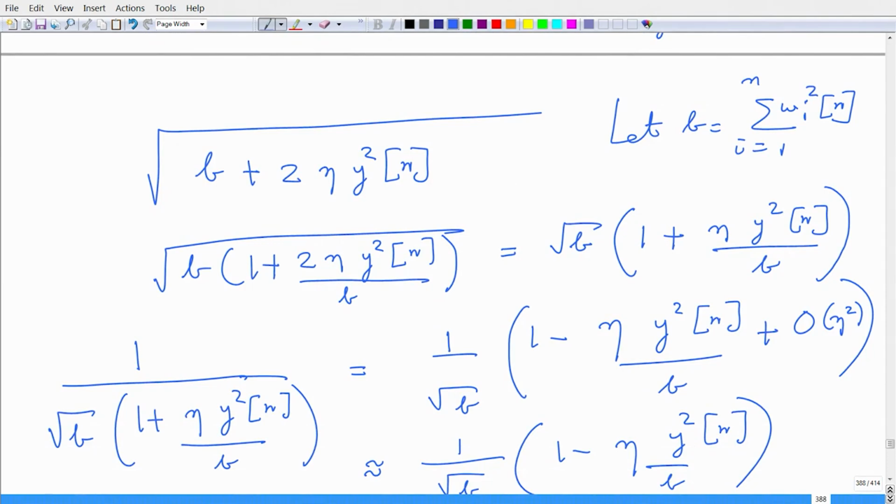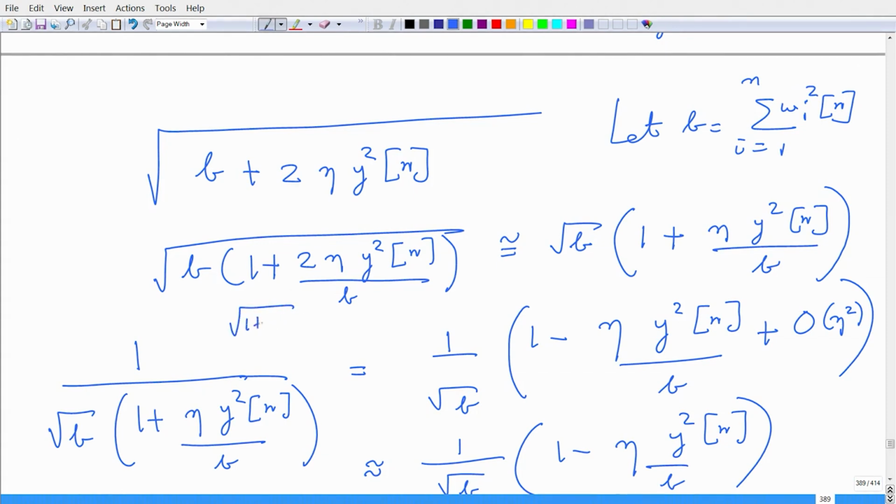Now, what I do is I have square root of b times 1 plus 2 eta y square of n upon b. I just remove this b factor out in the form of 1 plus some term. Then I do the binomial approximation for fractional indices; it is an approximation here.